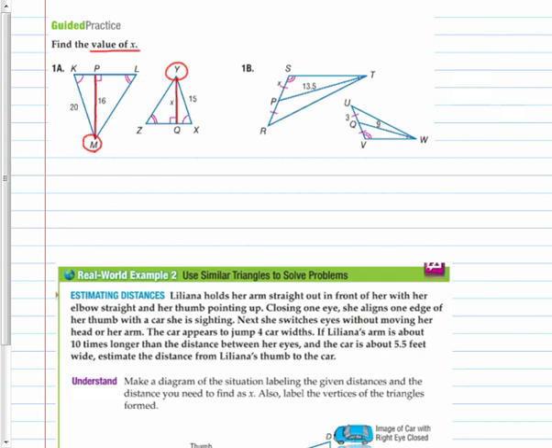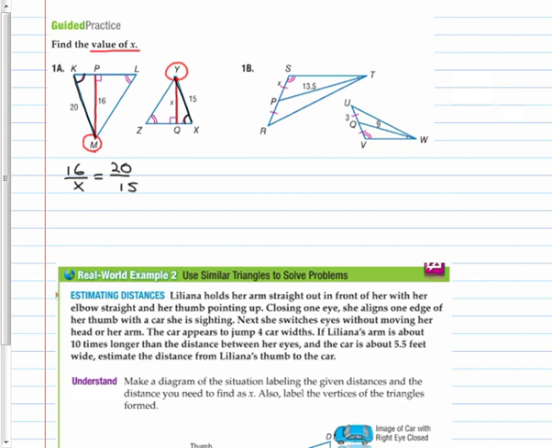So if I said 16 to X, it would have to be the same ratio as... Now conveniently, they only gave us one other value, but you want to make sure that you match corresponding parts. And we're coming from the one angle mark, and over here we're coming from the one angle mark. So they should match up, 20 to 15.